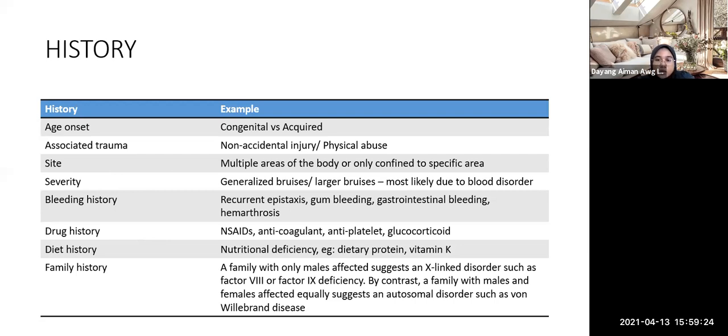Next, in diet history, children with dietary protein or vitamin C deficiency may have a bleeding tendency, and family history. A family with only males affected suggests X-linked disorders such as hemophilia, factor 8 or factor 9 deficiency. By contrast, a family with males and females affected equally suggests autosomal disorders such as von Willebrand disease.